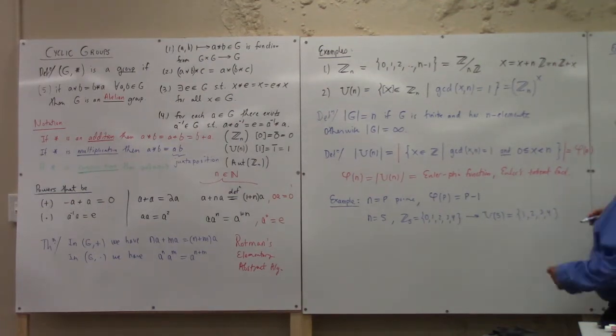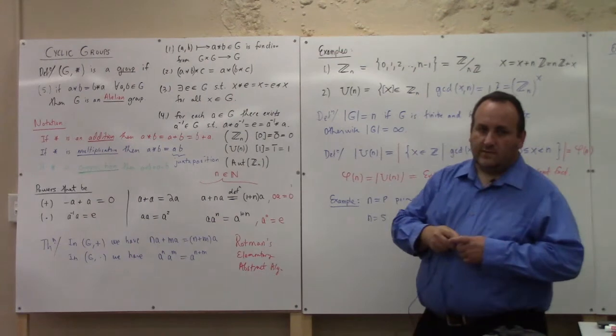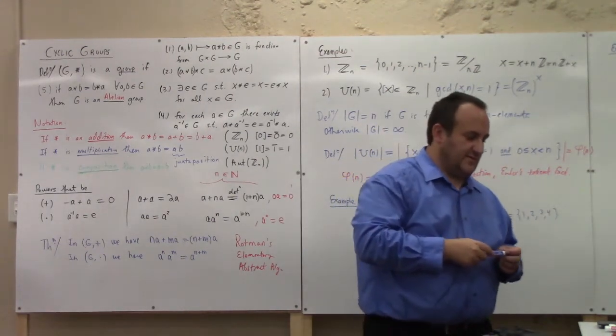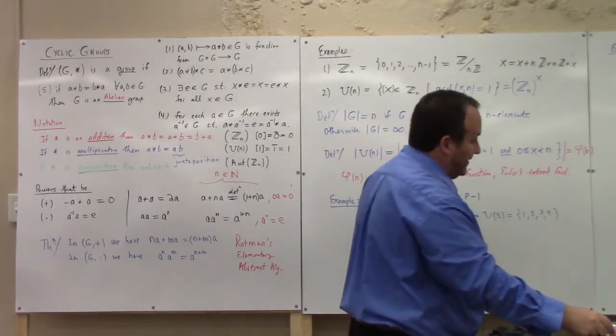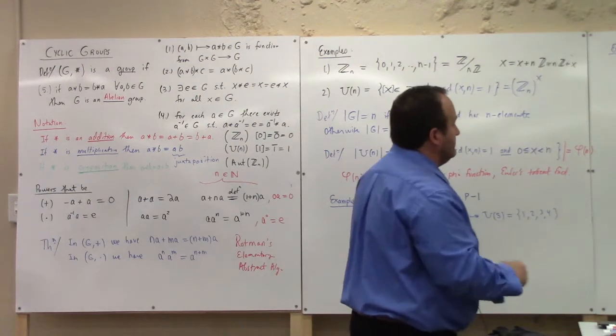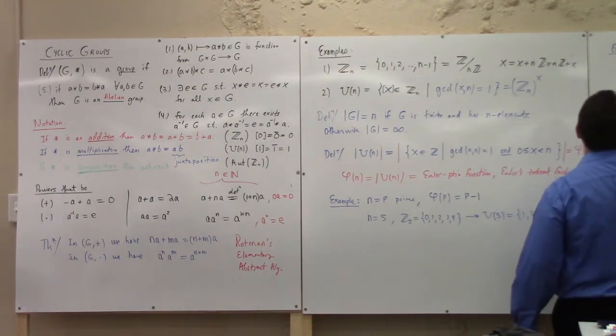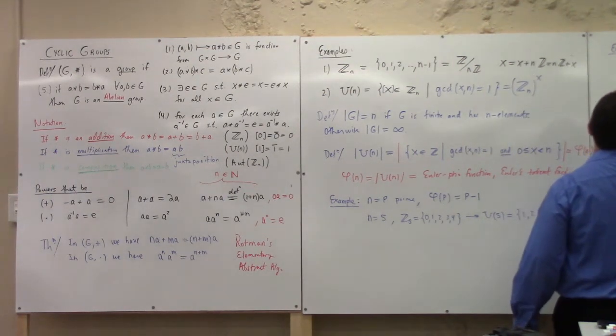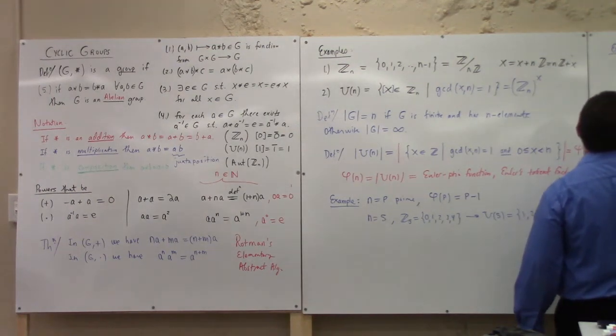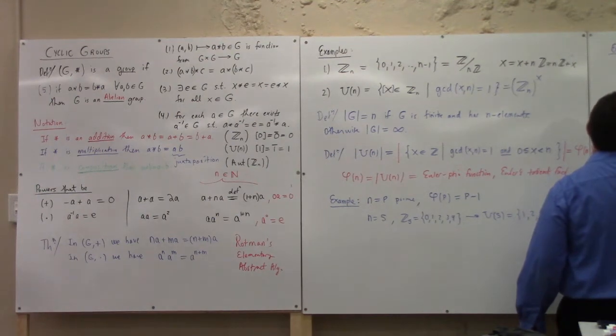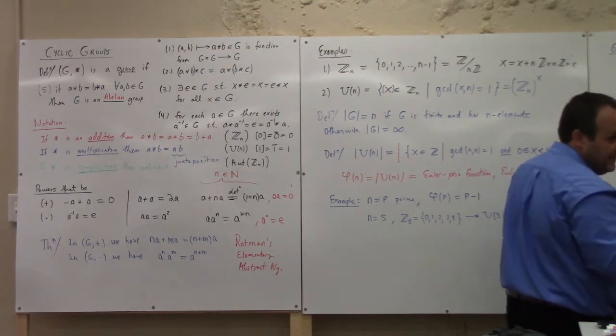Which of the representatives of those is relatively prime to 9? 1. Like 1 is always going to be in UN.